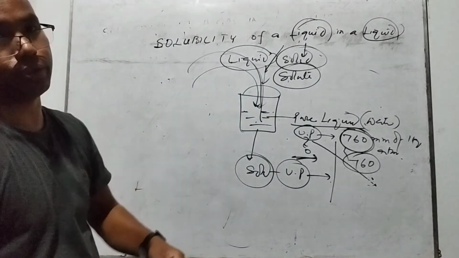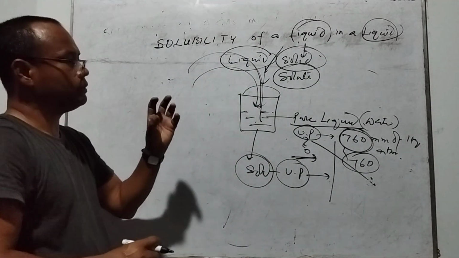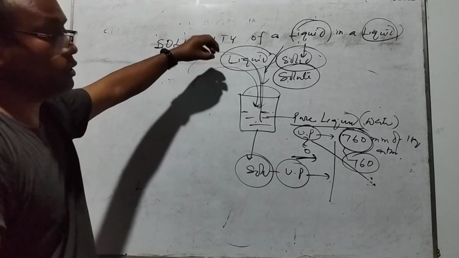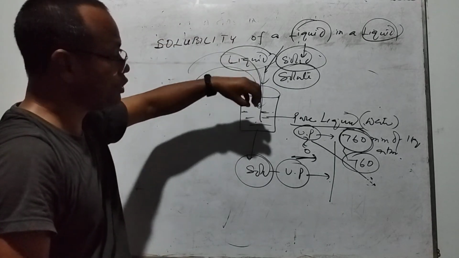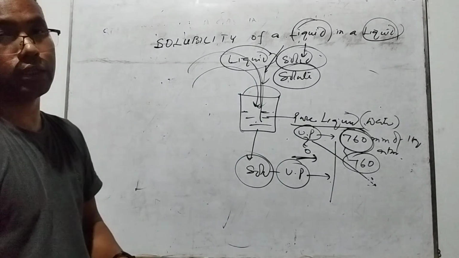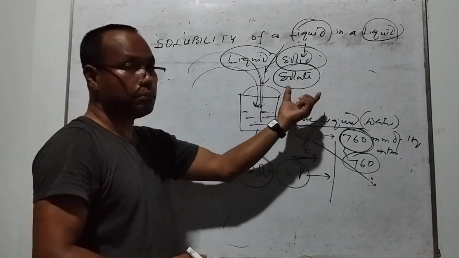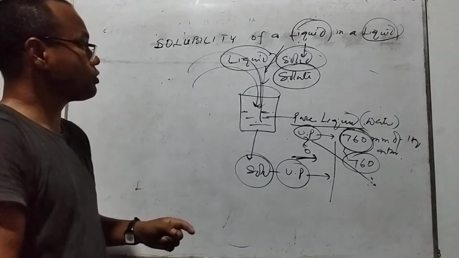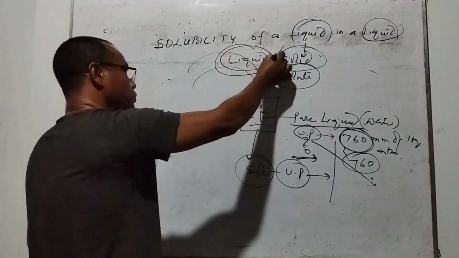One important factor is how much solute we add into the given liquid. The lowering of vapor pressure of our solution depends on the amount we add.